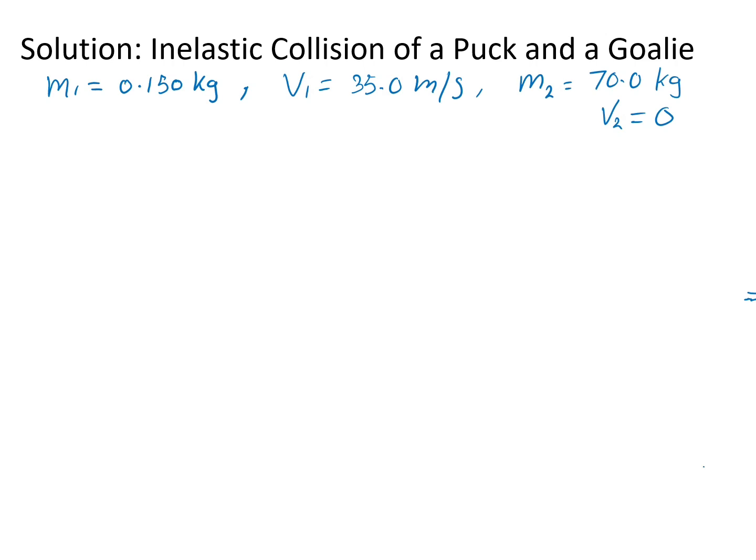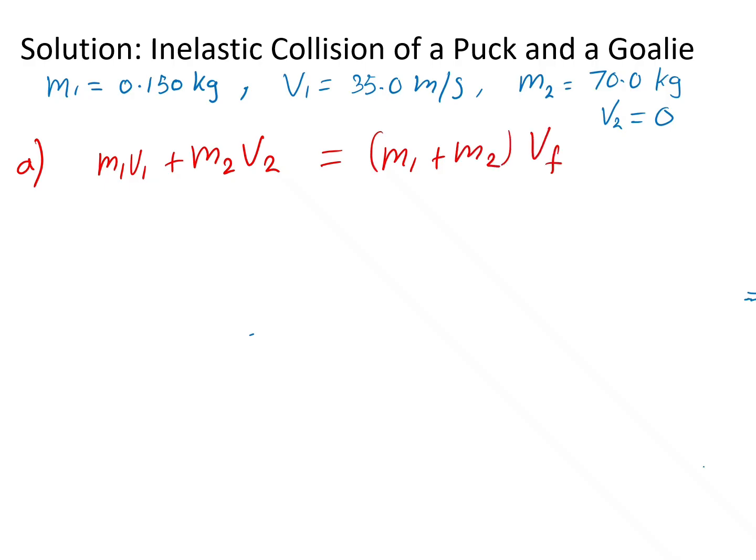For part A, we can use the conservation of momentum. So the total momentum of the system at the beginning, m1v1 plus m2v2, is equal to the total momentum after, m1 plus m2 times v final.